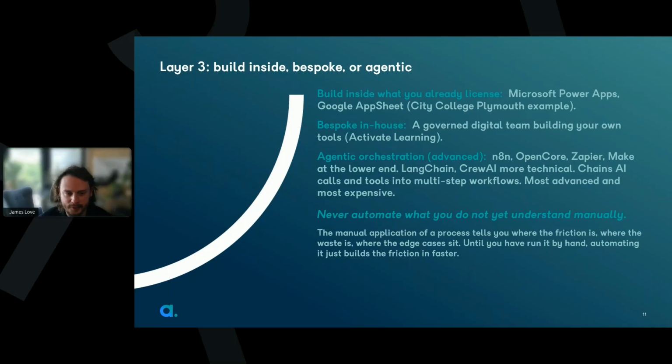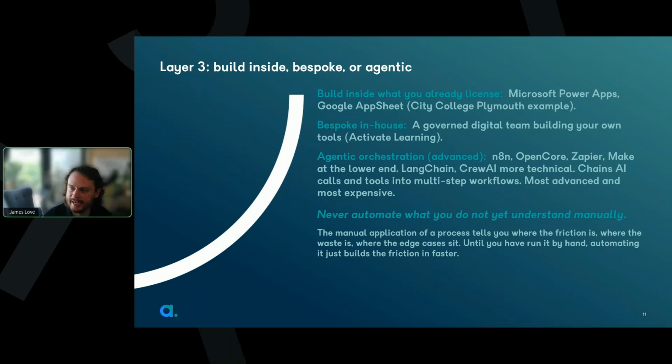Here's the principle, though, that I want you to take from this section, because you may already be doing some of this, and that's fantastic. But this is not a rule for AI. This is a rule for any form of automation. Never automate what you do not yet understand manually. The manual application of a process and running through it tells you where the friction is, where the waste is, where edge cases might sit.